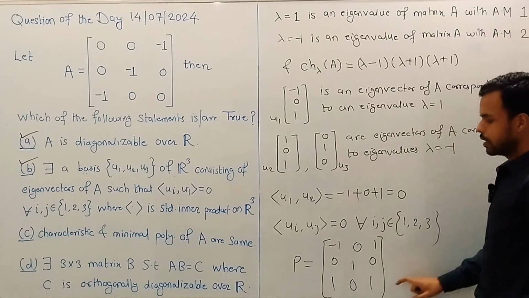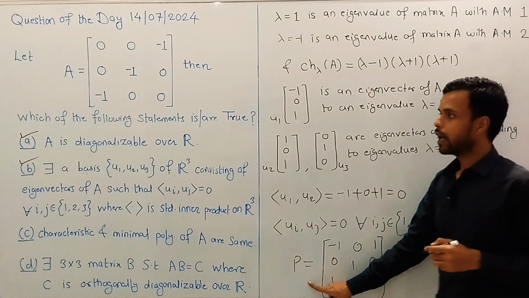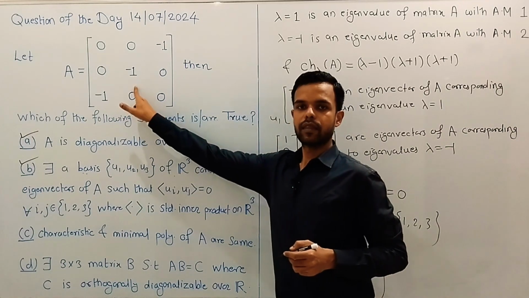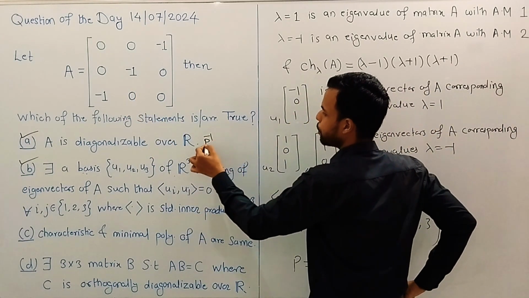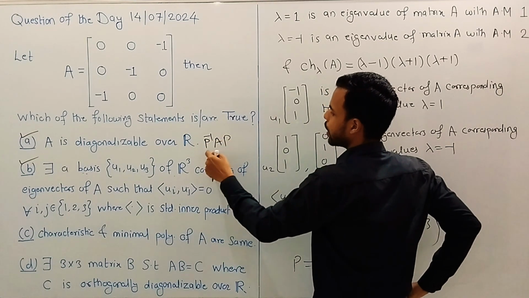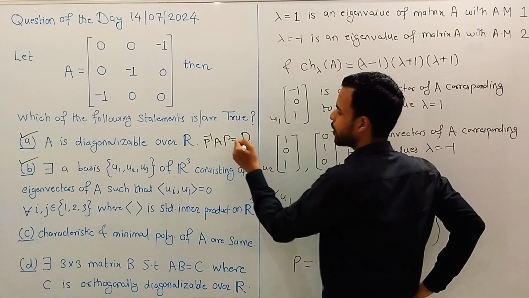Then you can easily verify that this matrix P diagonalizes the matrix A. To verify that, you have to compute the product P inverse AP, and check whether this product is equal to some diagonal matrix.